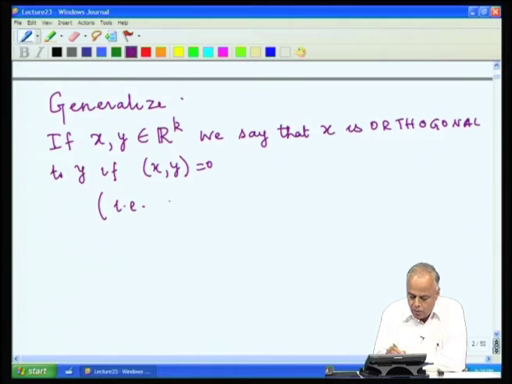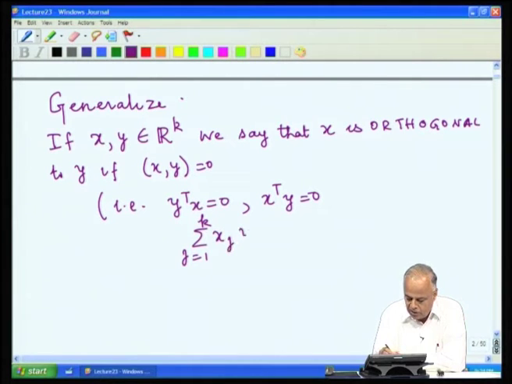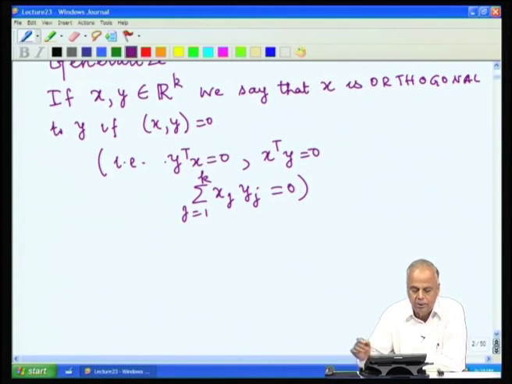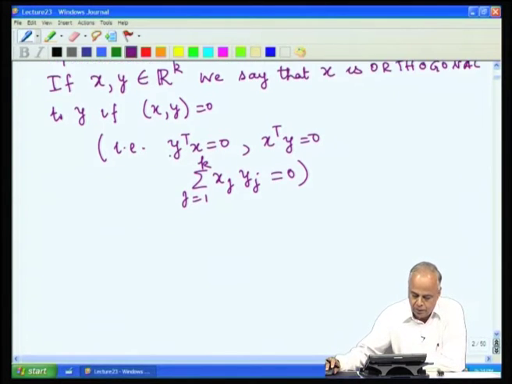That is y transpose x is 0, or we can write this as x transpose y is 0, or if we expand this, we can write this as the sum of x j y j equal to 0. So, when we say x and y are orthogonal, we mean all these things. The notation is x comma y equal to 0, and that means that y transpose x or x transpose y or the sum of the products of the components is equal to 0.